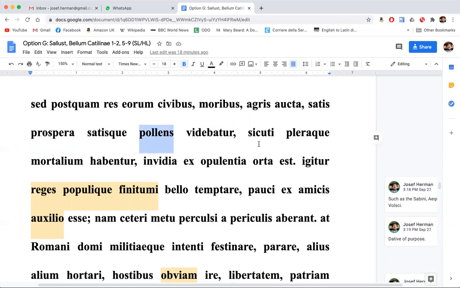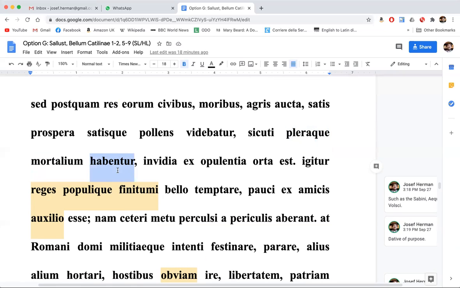And then Sallust says, sicuti, just as pleraque mortalium, the majority of mortal things (mortalium is neuter genitive plural), are held, habentur, and a more natural English translation of habentur would be turn out, right?